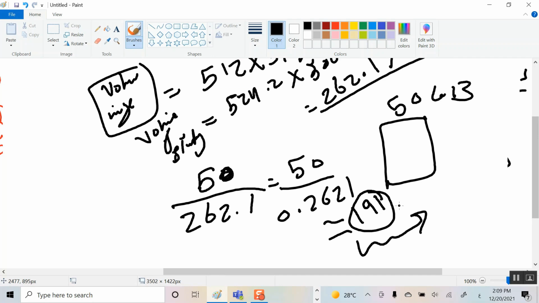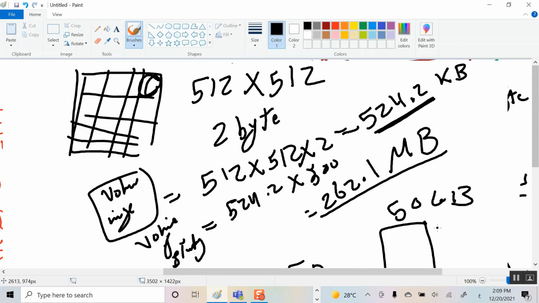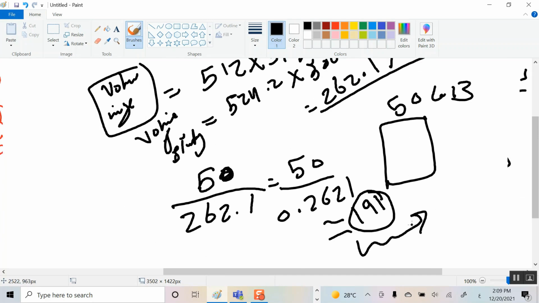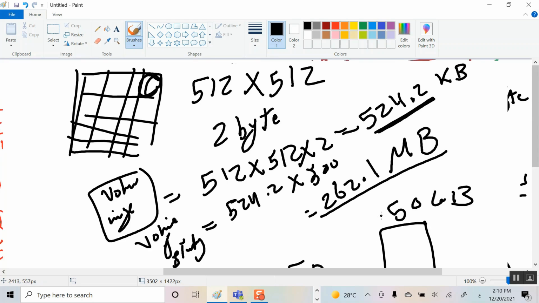So, based on what you have, you can start estimating how much your hard drive can hold in terms of the number of studies you perform on your device, whether it's CT, MRI, or any imaging modality. You can determine exactly how much this hard drive can accommodate and choose the appropriate hard disk capacity to store the maximum number of images possible.